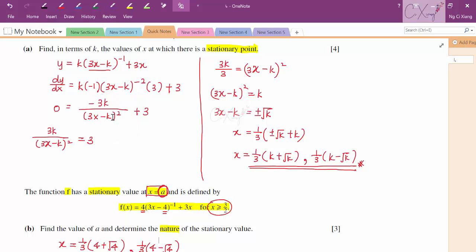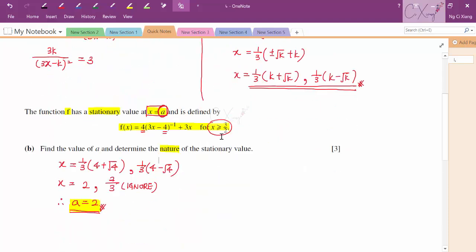But at the same time, I will try to substitute k as a value of 4. So I will start from this part. I will write again my f prime x. So my f prime x is actually negative 3k, where k is 4 in the function f, then divided by 3x minus 4 squared, plus 3.